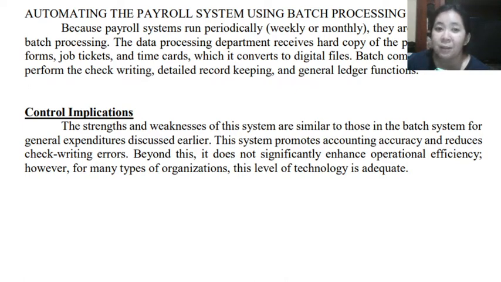However, for many types of organizations, this level of technology is adequate, but they have to make sure that in an automated payroll system, they should strengthen the internal control along with it to prevent fraud or error that might happen.